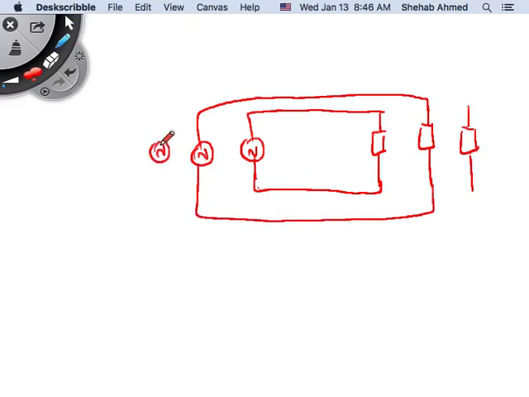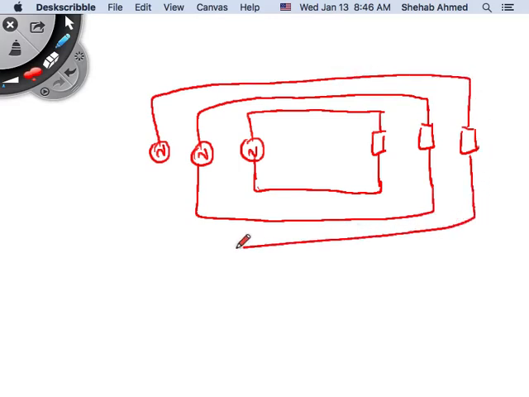For me to feed the third one, I have to do this. We agree? So for me to feed these 3 single-phase loads, I needed these 3 single-phase sources, and to transmit the power, I needed 1, 2, 3, 4, 5, 6 cables. So to transmit the power on single phase, I needed 6 cables.